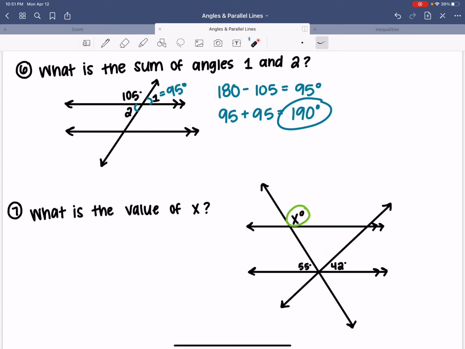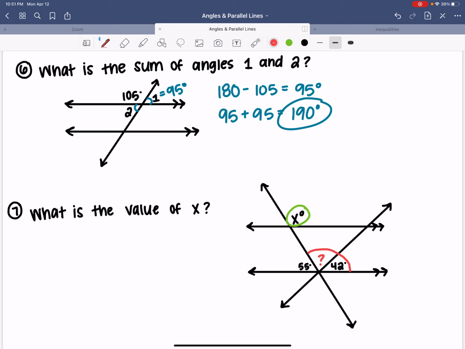Now what we know about this intersection here, even though we have three angles, they still need to add up to be 180 because they form this straight line. So what we can do is find our missing angle here and use that to add it to 42 to find angle x.